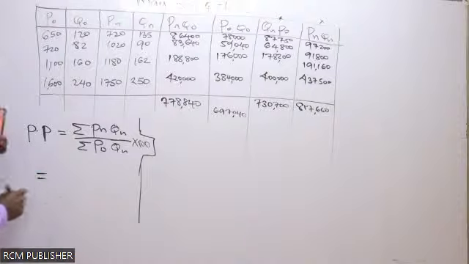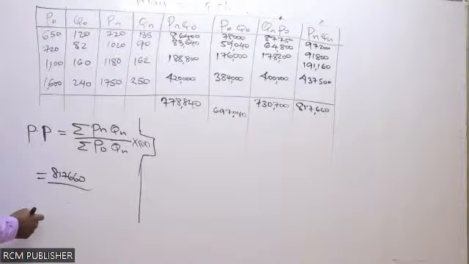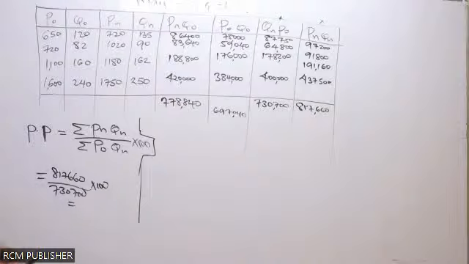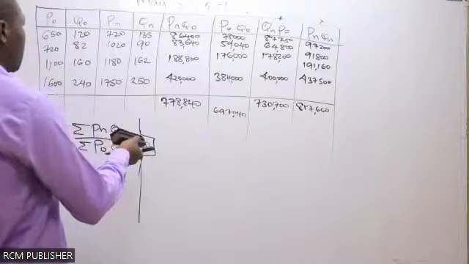So let's now come to this point. PNQN, that is 817,660, over POQN, that is 7,700. Express as a percentage, then you get the value. Once you express that, you will tell me the percentage.